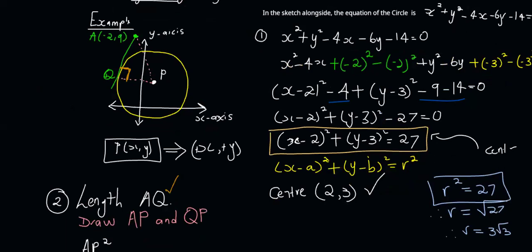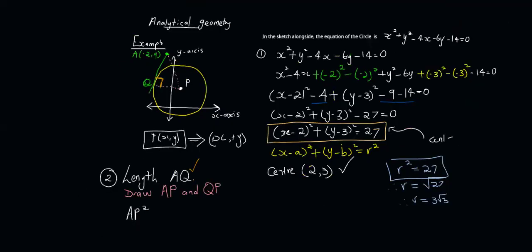So you can write it like this, so that it's visible. You can just say the distance of AP. Remember, now we have the coordinates of P, which represent the center, which is going to be 2 and 3. You're going to write them here.